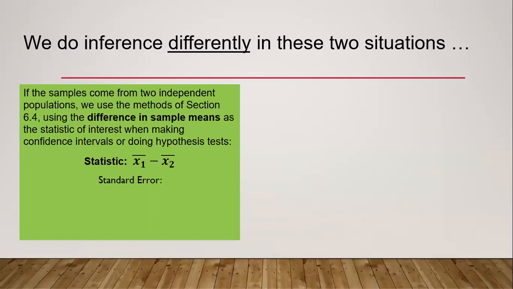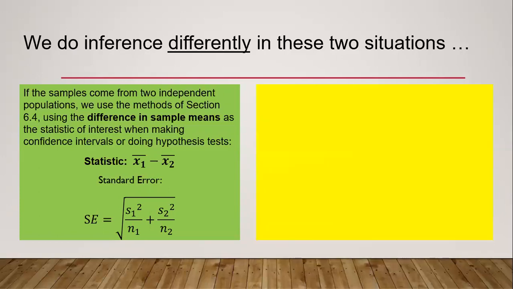And we look at the difference in the sample means, and our standard error is computed using a formula that uses a sample standard deviation from the first group and a separate sample standard deviation from the other group. So in this particular case, if we were working with independent populations and two independent samples, then we take as our statistic the difference in the means.